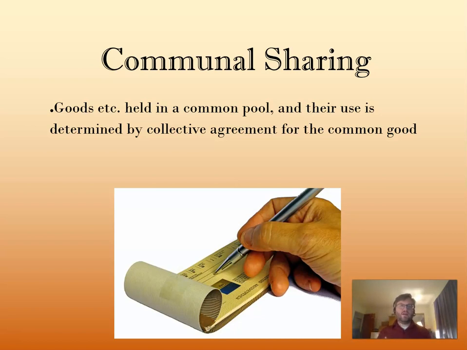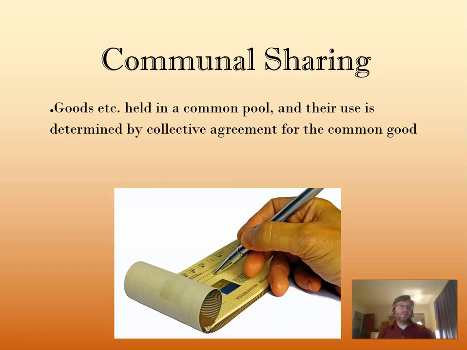So with communal sharing, what you're doing is essentially eliminating conflicts among individuals about how to allocate this scarce resource by eliminating distinctions among individuals. We're thinking in terms of what is the good of the entire group, what's the collective good, rather than what is the good of each individual in the group.